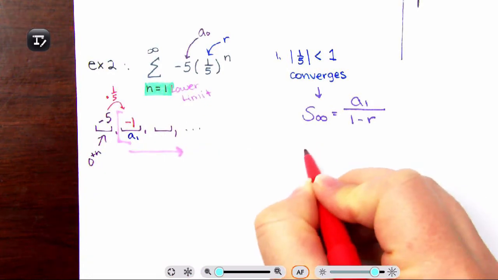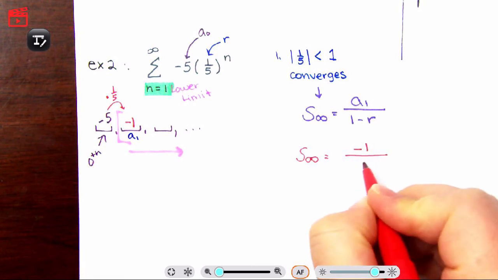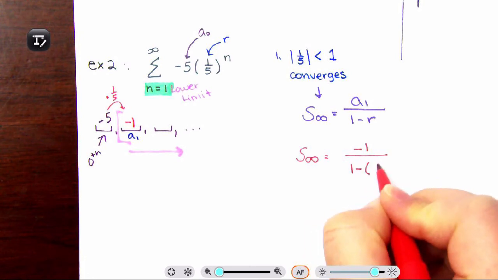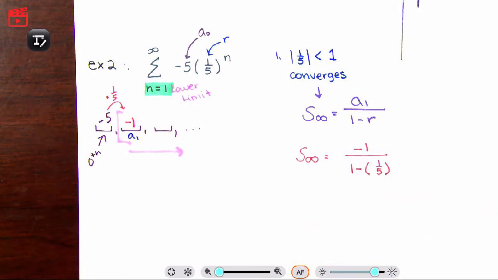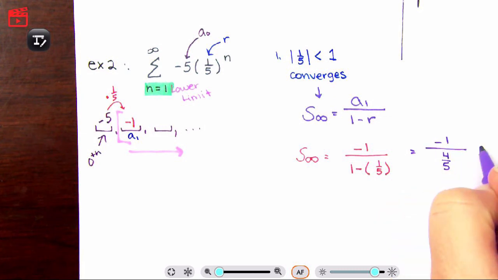So when I'm using the equation, I'm saying -1 divided by 1 minus r, and this is 1/5. Once again, I like to do the denominator first. That's just me. So I do 1 minus 1 divided by 5. So that is 4/5. And then I do -1 divided by my 4/5.